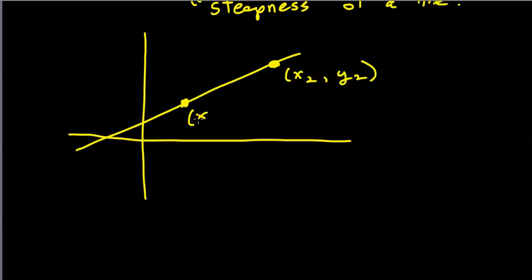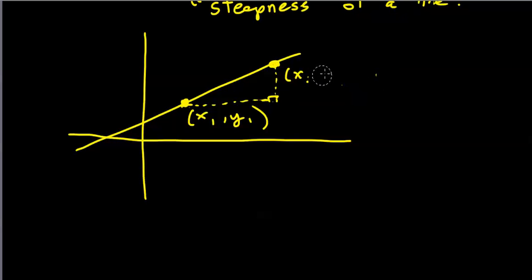And I'll call this point x1, y1, a unique, different point. Again, the subscript 1 is just a label of that point. What I can do is draw what I call a slope triangle. I can calculate both the rise and the run of that line.